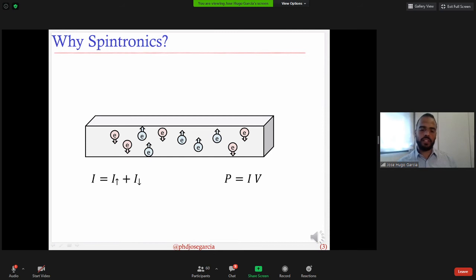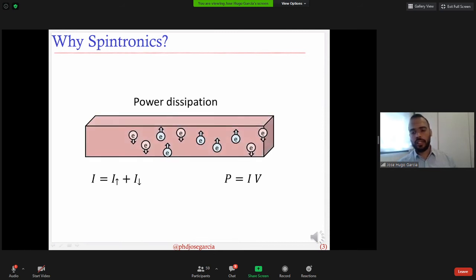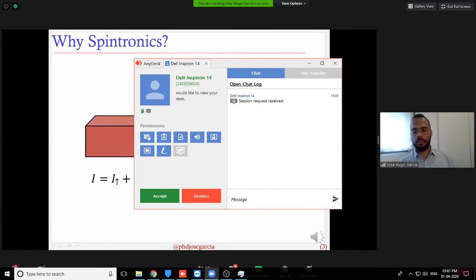The problem is that when the electrons collide in a material, this current heats the material, and this is the main principle behind resistive heaters. And this dissipates some power. And in a world where we have so many devices, this power dissipation is starting to be a burden.